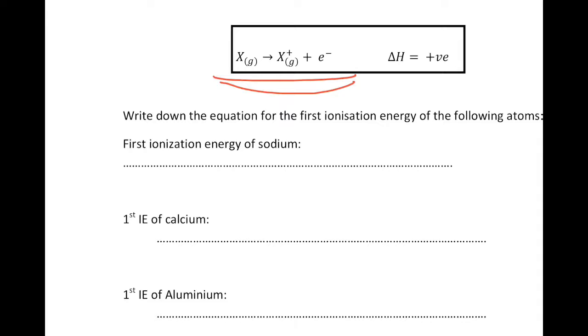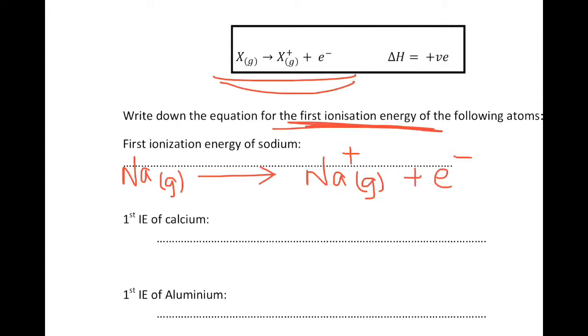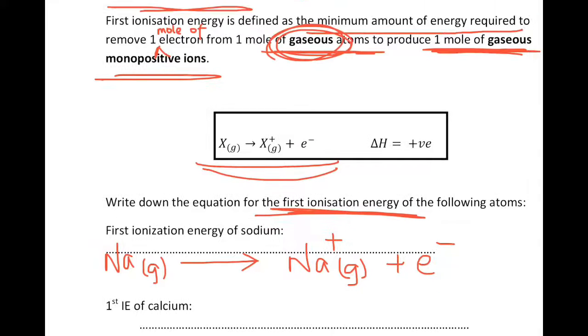So let's see for sodium. We'll start with sodium gaseous atoms and ionize to give us monopositive gaseous ions of sodium, Na+, and 1 electron. Whatever the charge, whether it's a metal or a non-metal, whatever the valency of that element, when we're talking about first ionization energy, we are removing only 1 electron to end up with a monopositive ion.